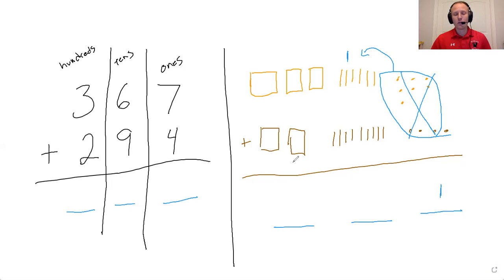Well, now I move over to the tens place and take a look here. And again, I can only have a 1-digit answer in my spot. So I have 9 plus 6, which is obviously more than 10. So I'll take 1 of these to make a 10.